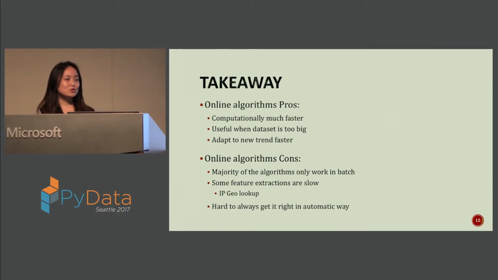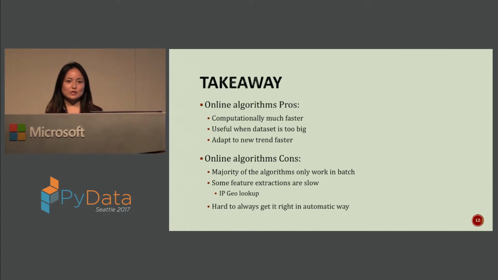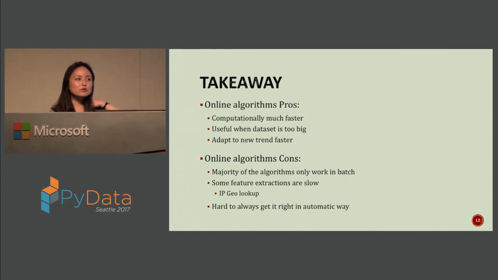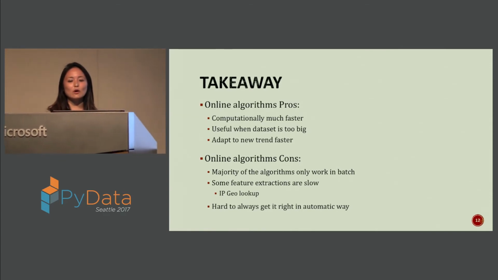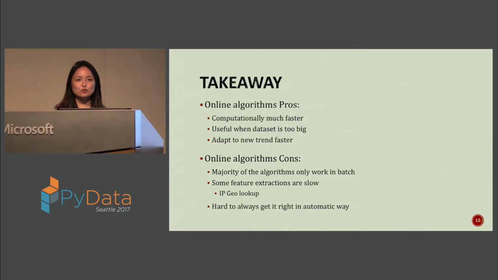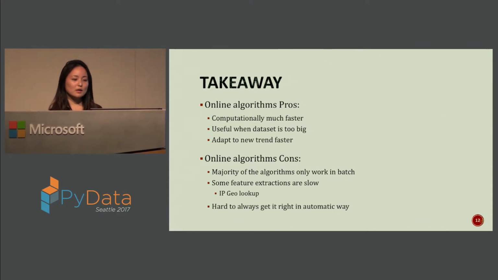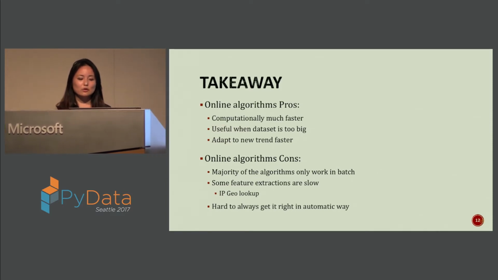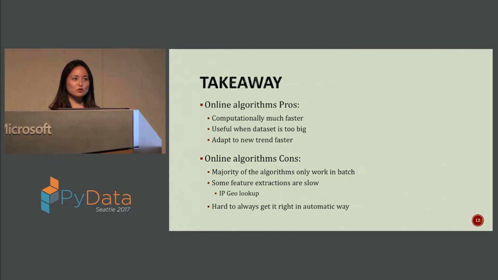Another thing you will need to think about is feature extraction. Sometimes feature extraction can be slow, and it will affect any streaming process, whether it's the prediction or the model updating. One example: let's say there's an IP address in your data set, and you are curious where the actual location is. There may be an external API you can call with this IP to get a geolocation back.